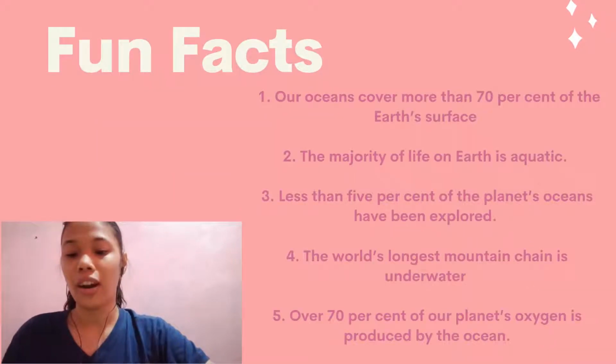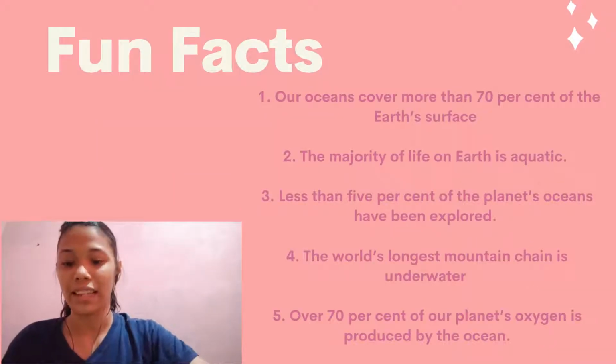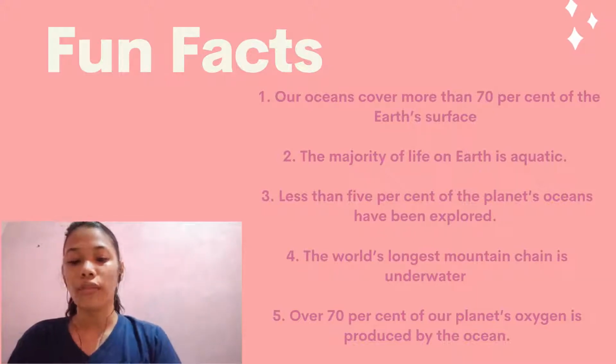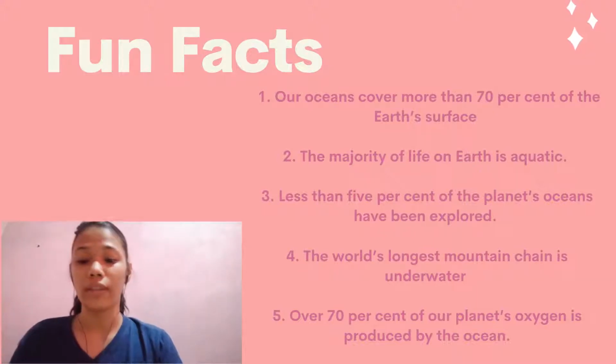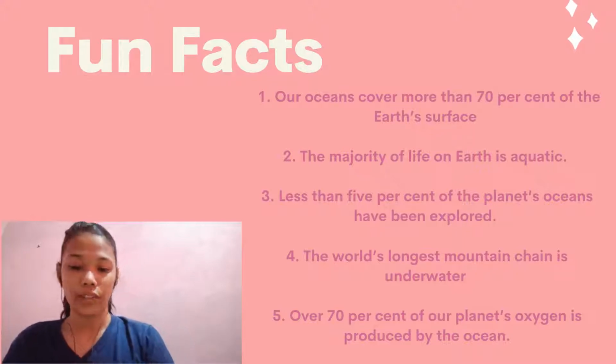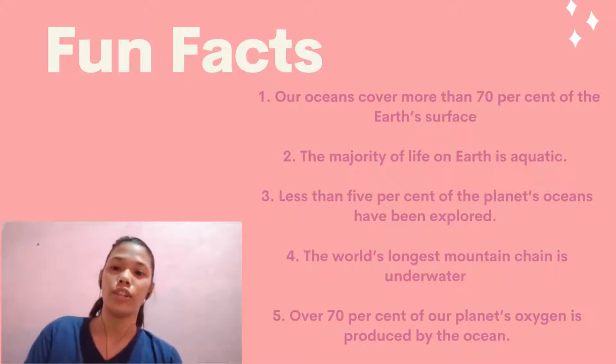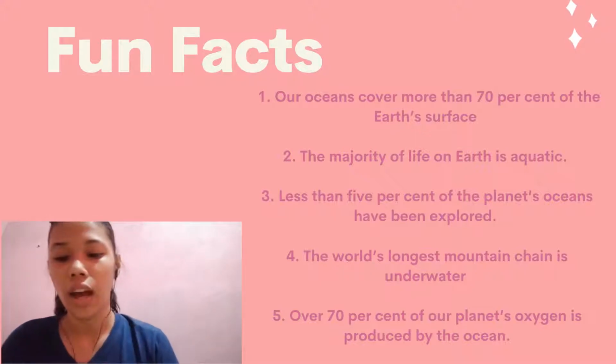Next slide are some of the fun facts that I found amusing. Our oceans cover more than 70% of Earth's surface. The majority of life on Earth is aquatic, so most life on Earth is found in the ocean.